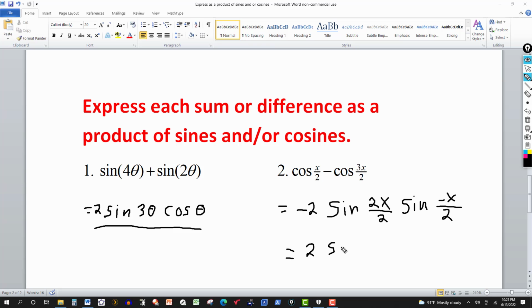And then simplify that first one there, 2x over 2 is x. And that's going to be times the sine. Okay, the negative already came over here, and then we're left with x over 2. And that simplifies. That's your simplified answer.